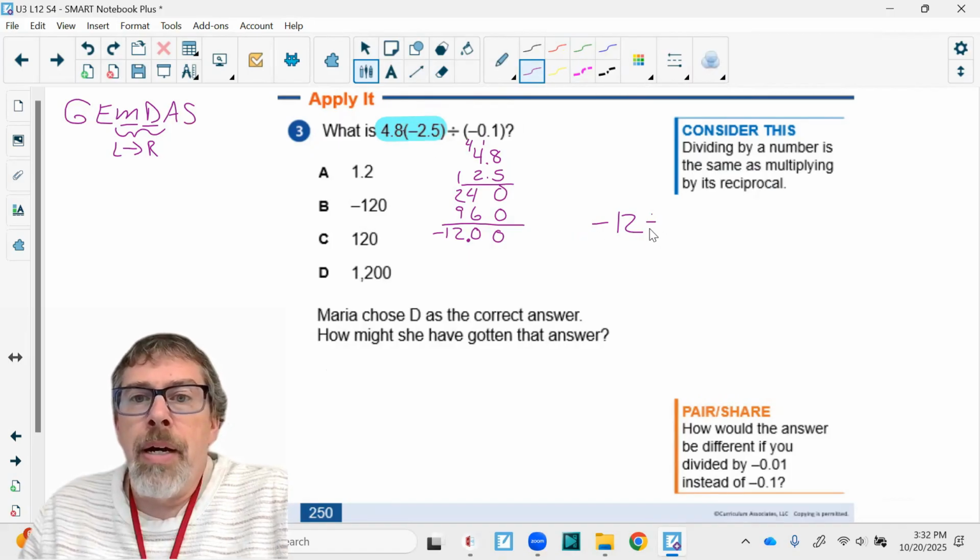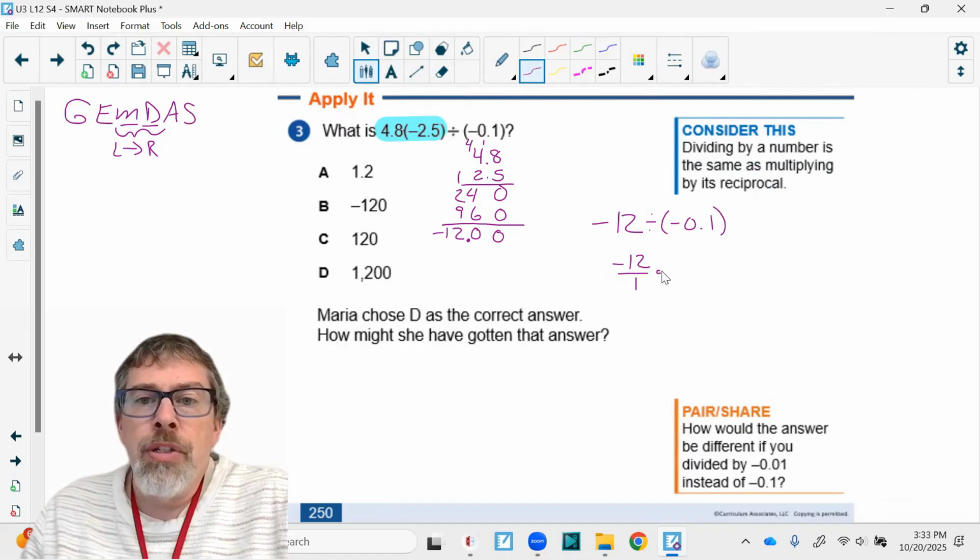Now I have negative 12, and I divide by a negative 0.1. So I'm going to write this as a fraction, negative 12 over 1. I'm going to switch the division to multiplication. Negative 0.1 is negative 1/10.